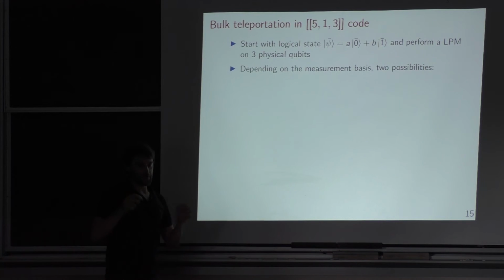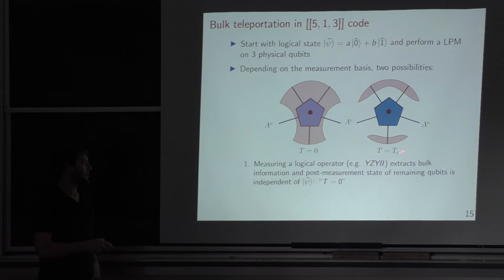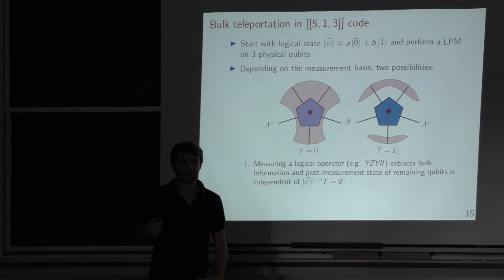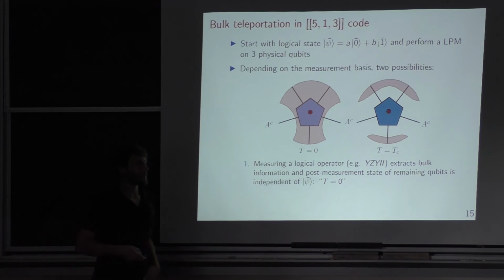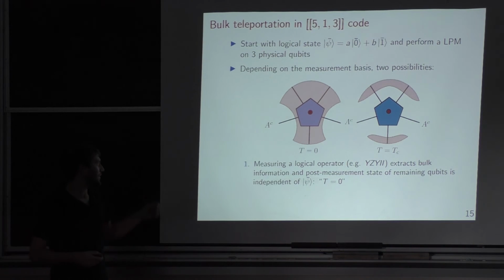Then, depending on which measurement basis you pick, there are 2 possibilities. One possibility is that you're measuring a logical operator, for example, YZY, which is logical Z. In that case, your measurement is extracting the information in the bulk. And so the remaining 2 legs don't have any information about the state you started from. In particular, they will be in some stabilizer state after the measurement, which doesn't depend on psi.